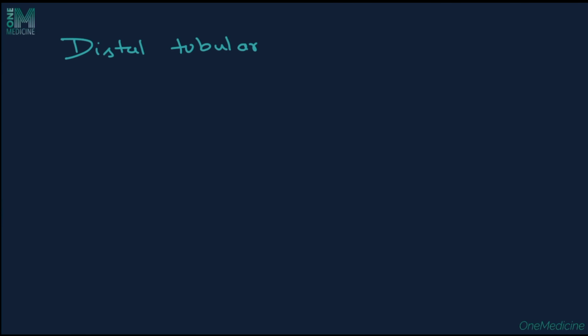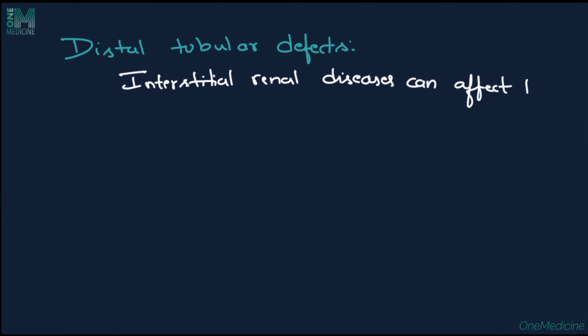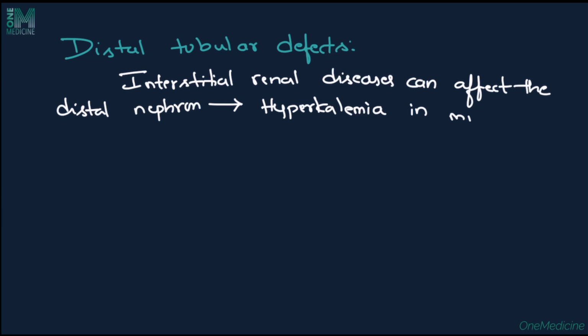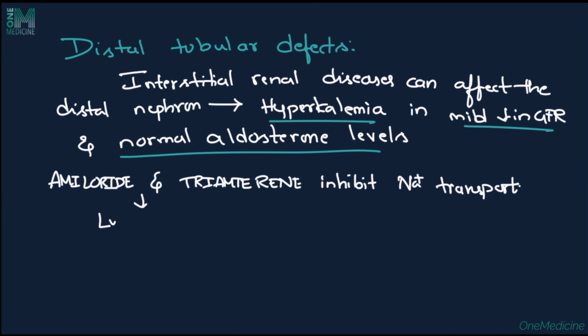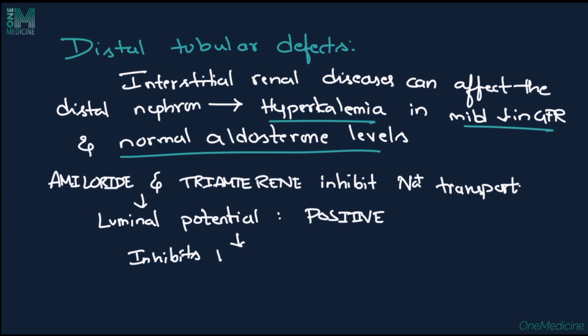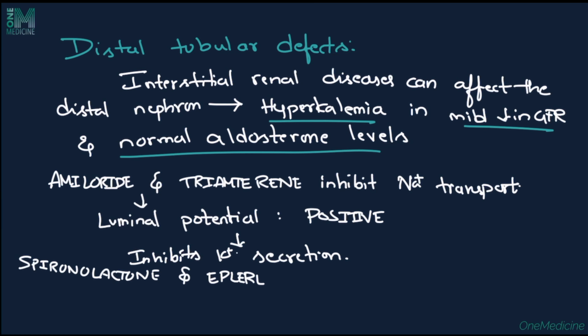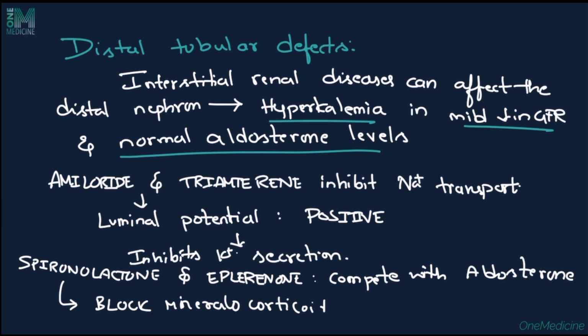Distal tubular defects include interstitial diseases that can affect the distal nephron specifically and lead to hyperkalemia in presence of only mild decreases in GFR and normal aldosterone levels. Amiloride and triamterene inhibit sodium transport, which makes the luminal potential more positive and secondarily inhibits the potassium secretion. Spironolactone and eplerenone compete with aldosterone and thus block the mineralocorticoid effect.